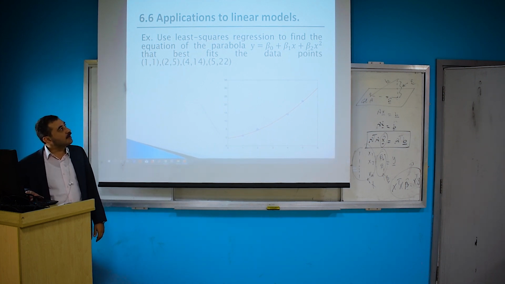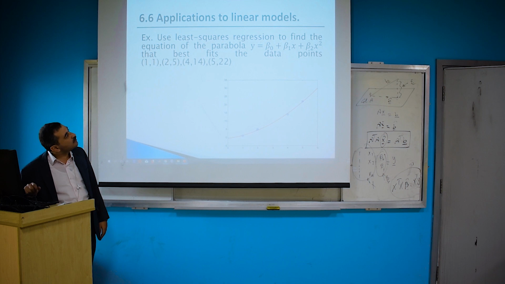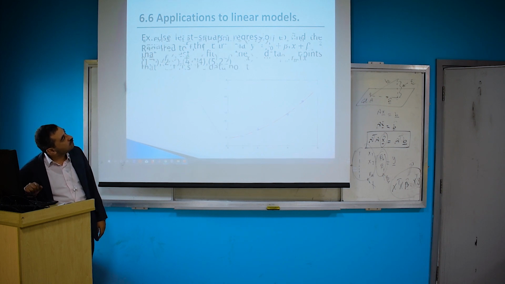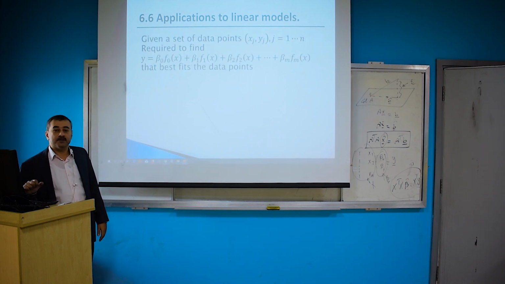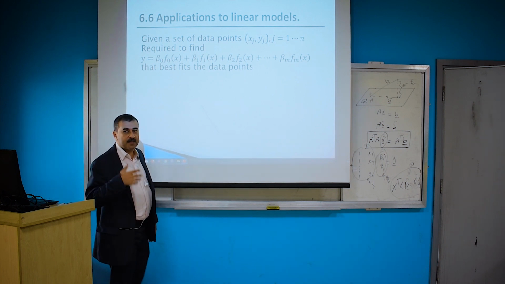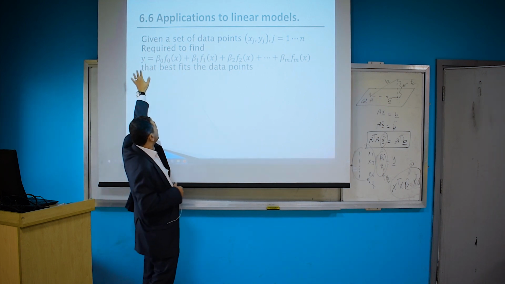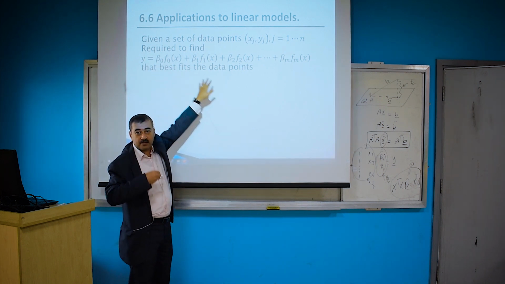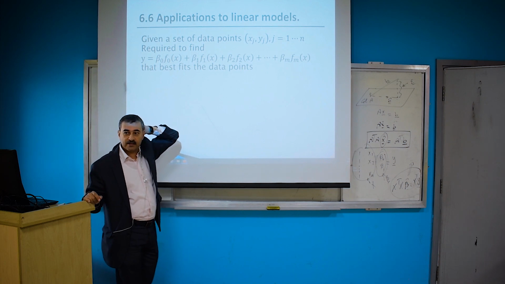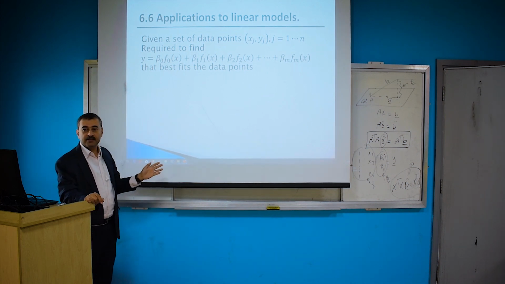You can again generalize from line and parabola and so on. You can fit any function. If I give you a set of functions and I ask, for example, sine x and cosine x, and I want to get y equal a constant times sine x plus a constant times cosine x, can you get these constants in a similar way?